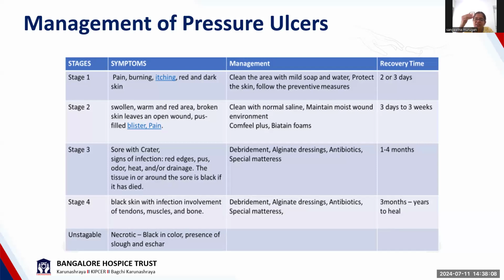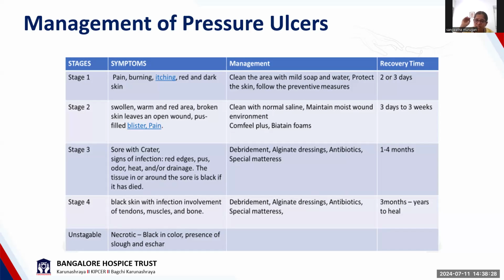Apart from regular dressings, advanced dressings like Comfeel Plus, Biatain foam, alginate dressings, and hydrocolloid dressings are very helpful to heal pressure ulcers. The recovery time is 3 days to 3 weeks in the case of stage 2.